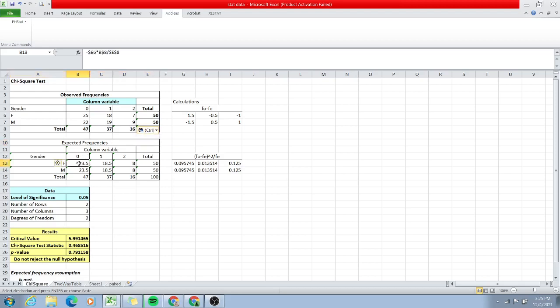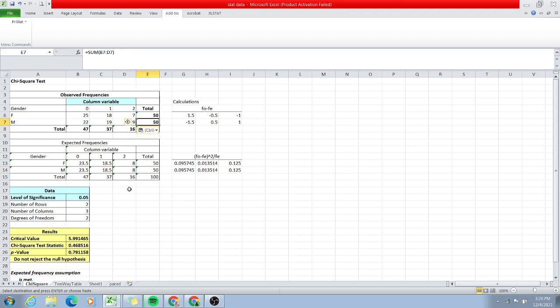For example, the expected frequency in the cell where 23.5 is found is derived from the column total, which is 47, times 50 divided by 100, that's 23.5. 18.5 is computed from 37 times 50 divided by 100. 8 is computed from 16 times 50 divided by 100, and again for the other cell.